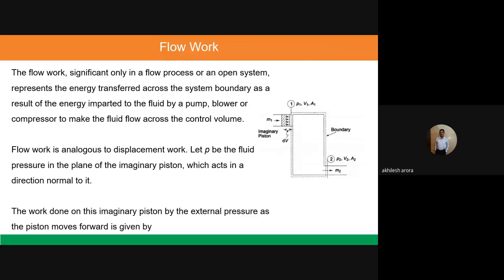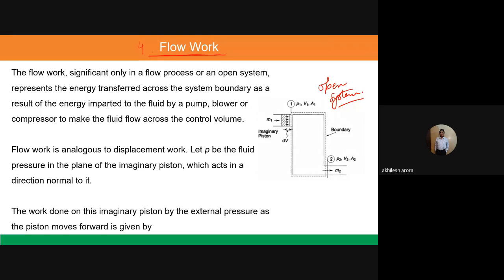Now the fourth type is known as the flow work. Now, what is this flow work? How is it different? Let us see it here. Suppose we have an open system.